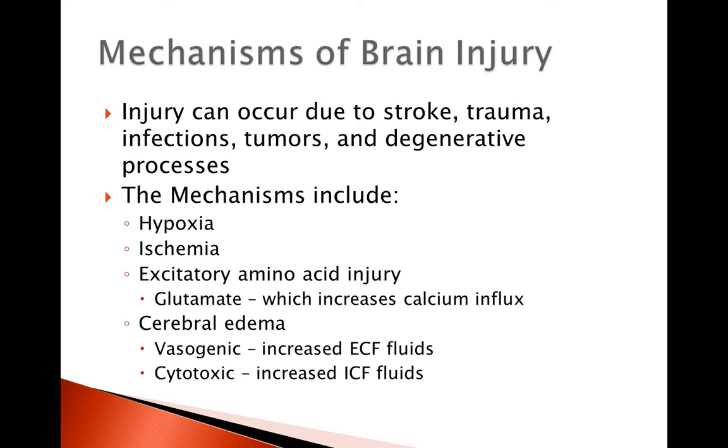It results in increased extracellular fluids that surround the brain cells. This can occur from bleeding, infections, meningitis for instance, and other forms of physical brain injury can lead to vasogenic, or that form of cerebral edema where you have increased extracellular fluids.